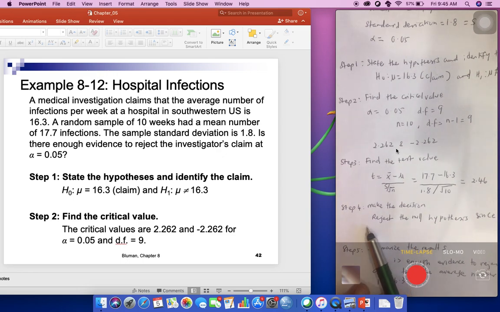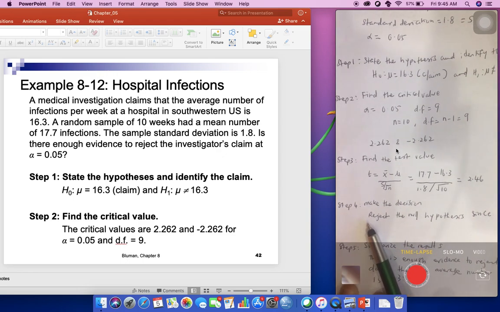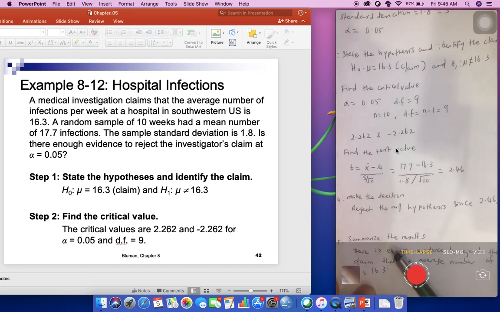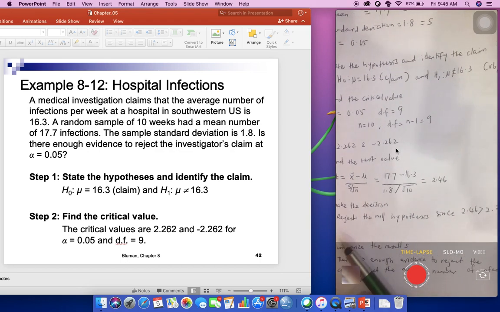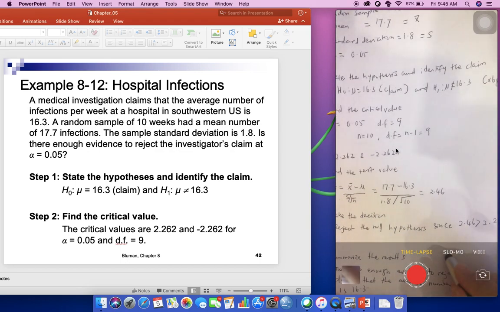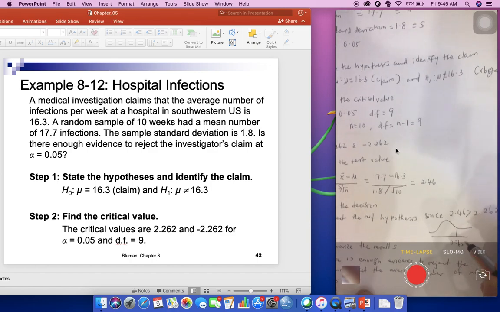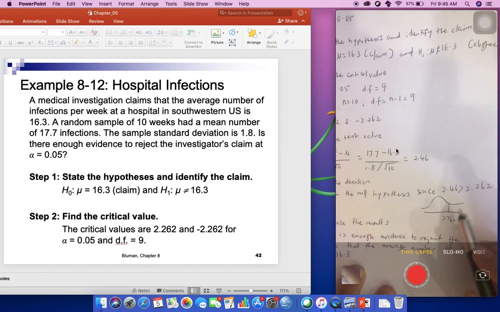And the fourth step is to make the decision whether we reject or do not reject the null hypothesis. So you can see that here, when you draw it, let's say here is 2.262, and this one is the critical value.